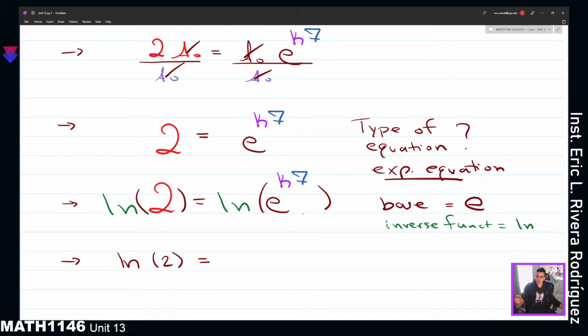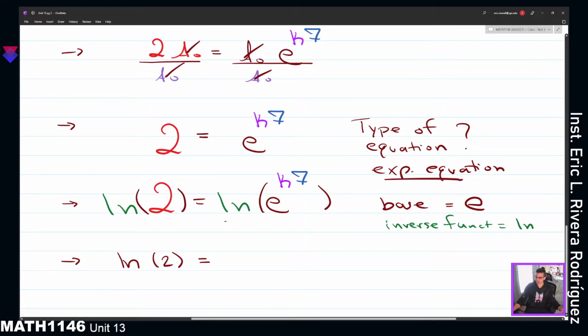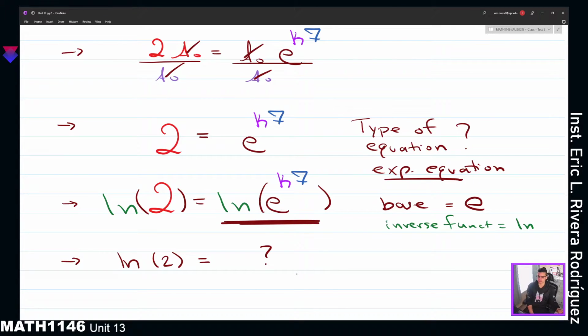What happened on the right side of the equation? What happened here? What goes here on the right side? Think of the properties of the logarithmic functions.